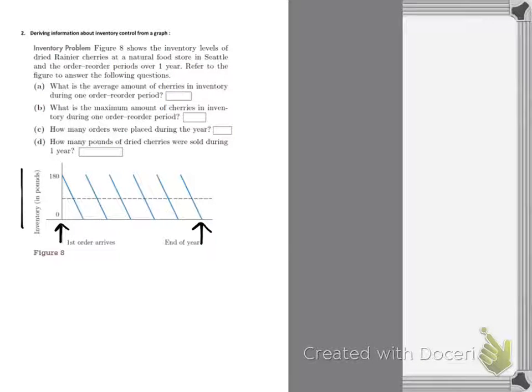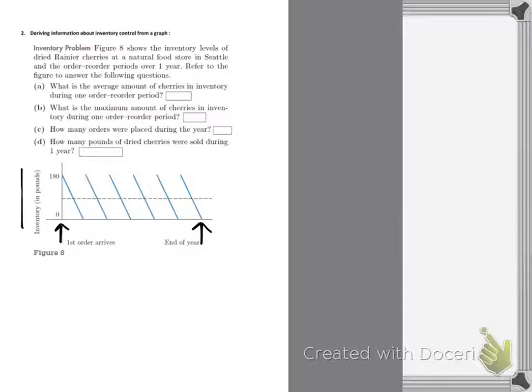So now let's look at the information presented in this problem. It says inventory problem. Figure 8 shows the inventory levels of dried Rainier cherries at a natural food store in Seattle, and the reorder periods over 1 year. Refer to the figure to answer the following questions. Okay, so you have the idea of what's going on here.